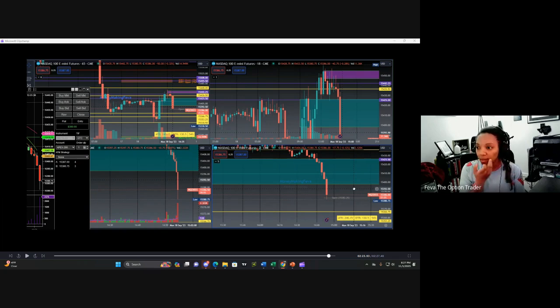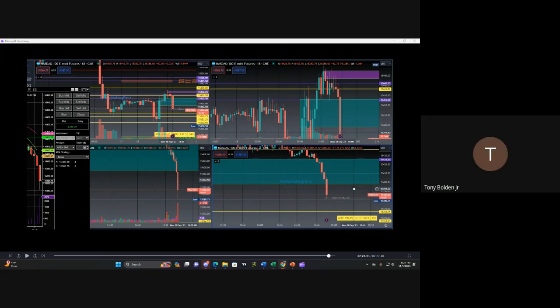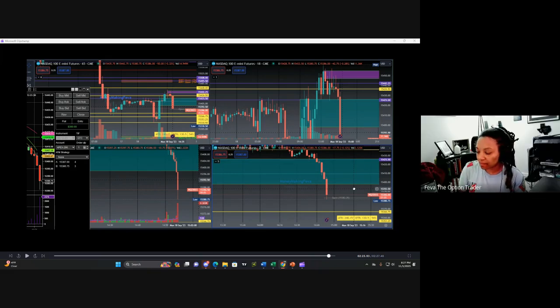So with my own funds, I was going for at least 5 to 10 points, but I usually do the ticks. Anything with 12 ticks, I was taking my money. Gotcha. Thank you. No problem.